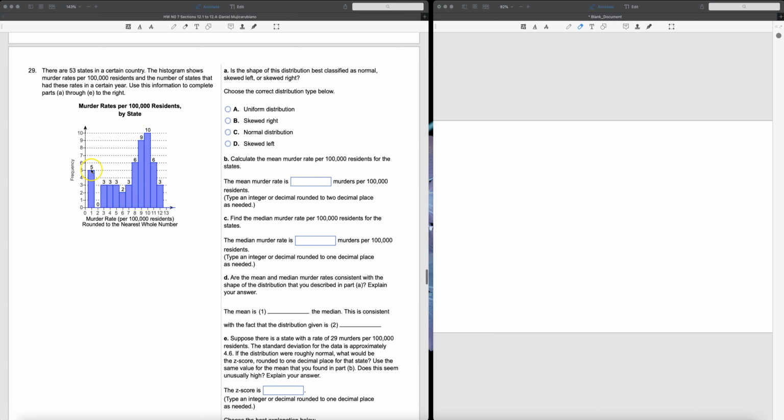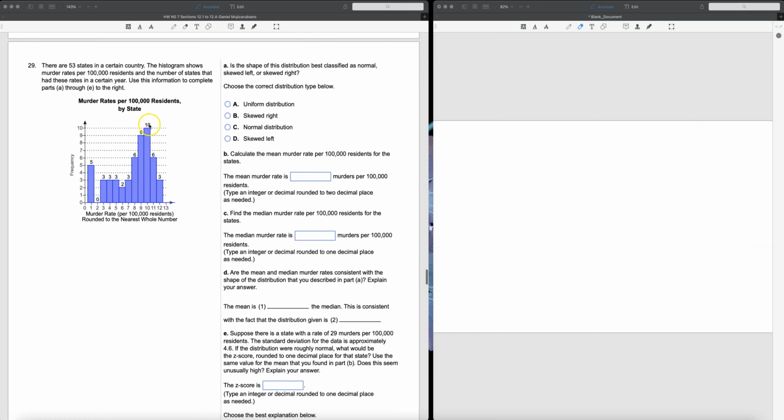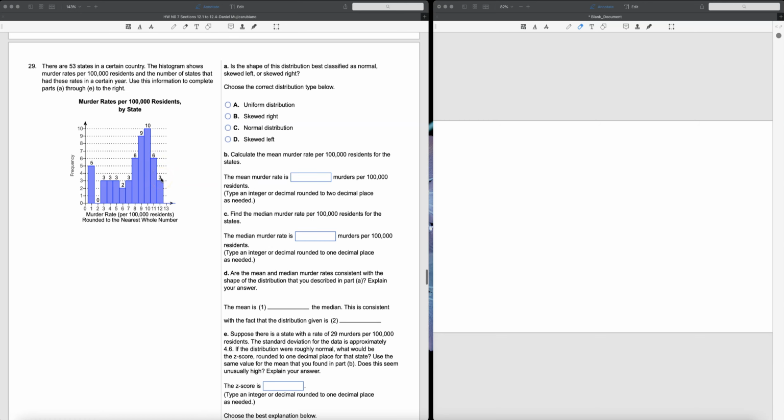Okay, so in here we have 5 plus 9, that is 14, 16, 19, 25, 34, right? Plus 10, which is 44, plus 9, which is 53. So let me write down here. The length of the sample is 53.